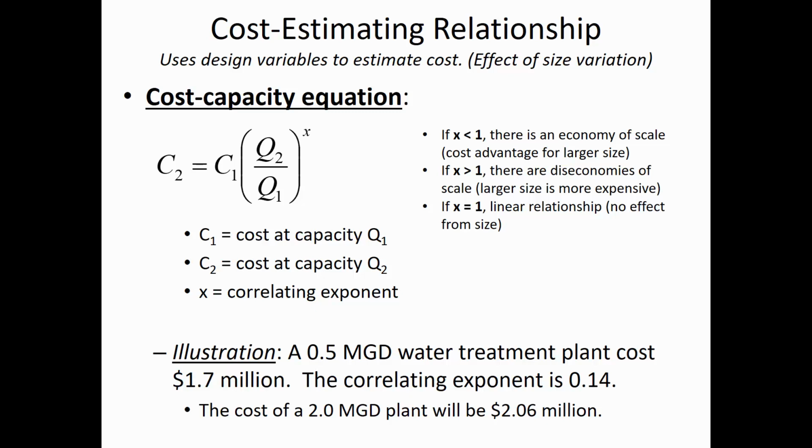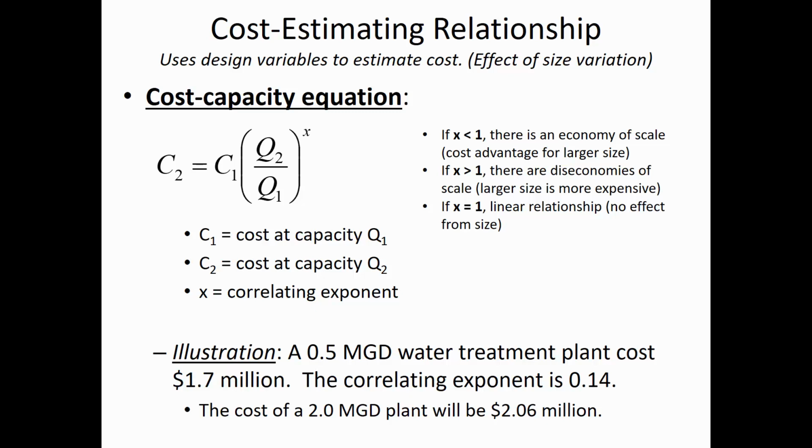So if we want to find the cost of the 2 million gallon treatment plant, C2 is our unknown, and the capacity we want is a 2.0 MGD plant. So C2 will be C1, which was 1.7 million, times the ratio of the capacities, 2.0 MGD divided by 0.5 MGD, taken to the power of 0.14.